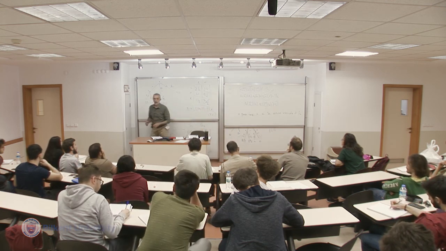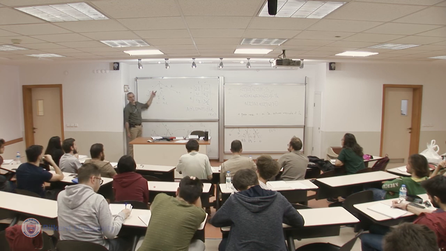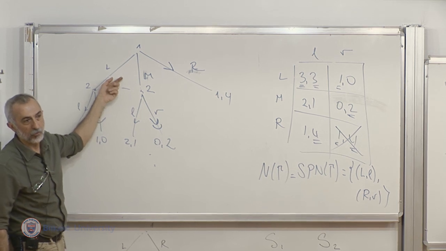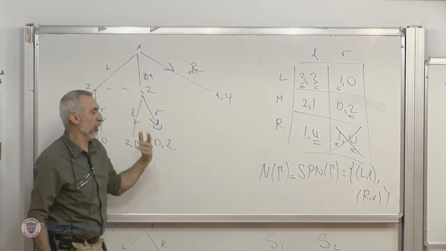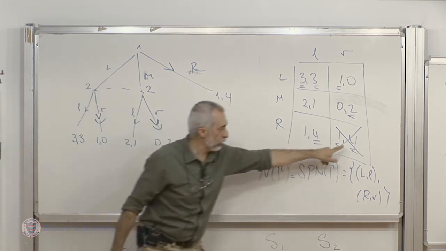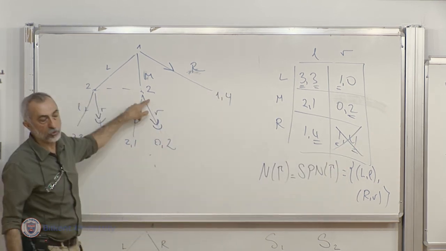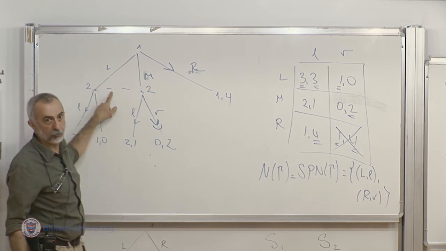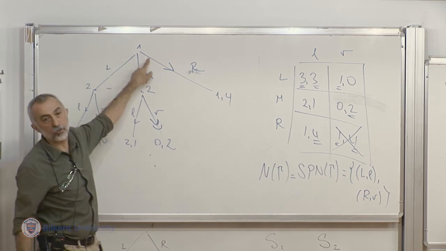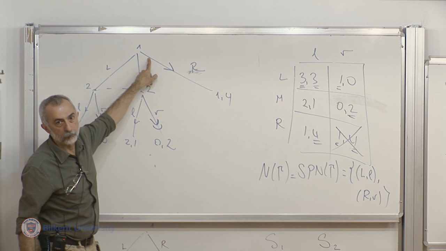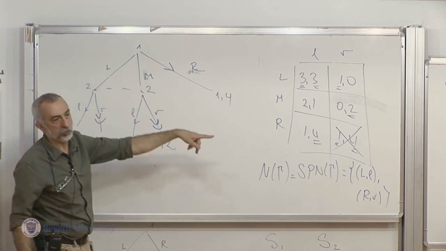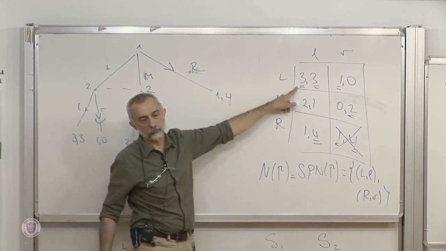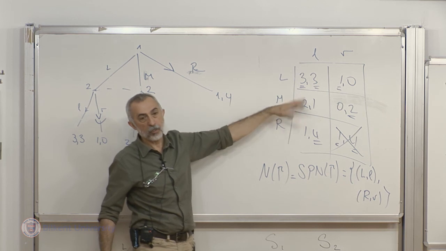Because my action at this information set is not in accord with my belief, which is consistent with the action of player 1. So we rule that out. Hence, this is reasonable, but there might be others.